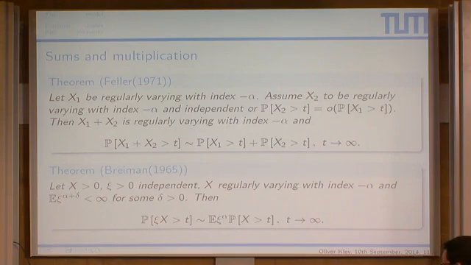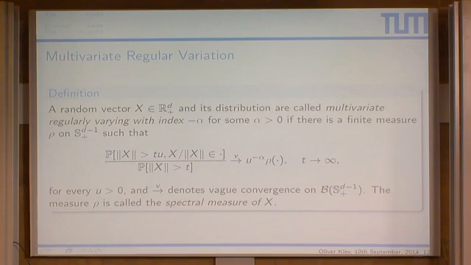And we will actually use a version of Breiman's theorem which is multivariate, so you have a matrix instead of psi here and a vector instead of X here. But before we can do that, I certainly have to introduce multivariate regular variation.